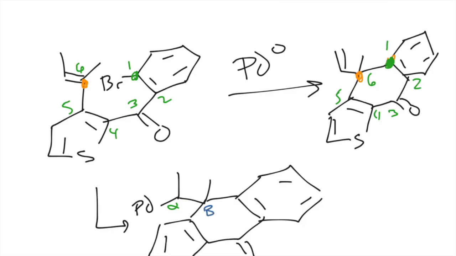By how I set up the reaction, I know that the only beta carbon I can take hydrogens from is that one. And so that's how I know I'm always going to get this double bond, because there's only one beta carbon I can take a hydrogen from.